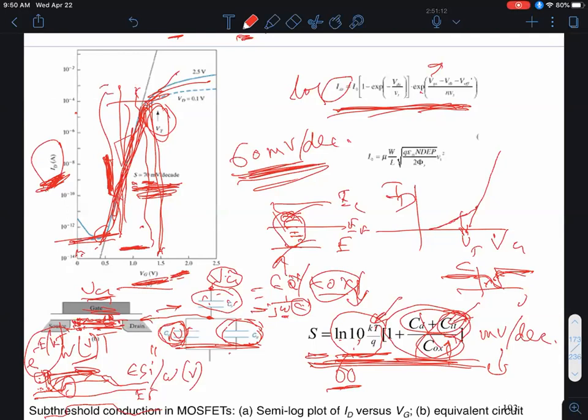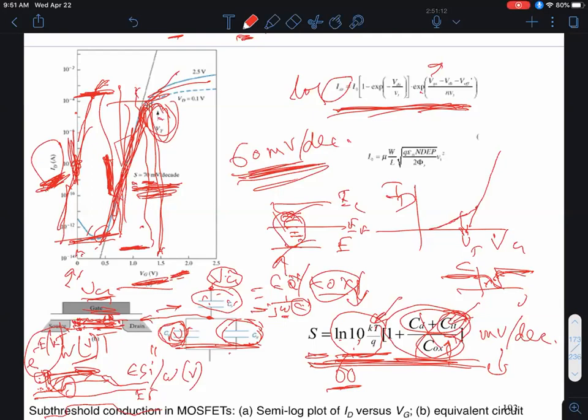Because suppose I made a VT of say 0.2 volts, what's going to happen? Even when the gate voltage is 0, I'll have a lot of subthreshold leakage, right? And on top of that, when I have statistical variations of threshold in manufacturing, I get a large variation of the leakage current in the MOSFET, okay? So you're stuck to VTs of around 0.6 volts or so, okay?